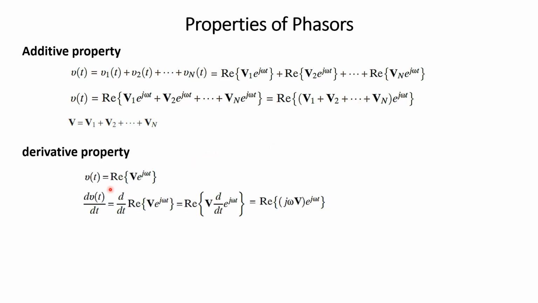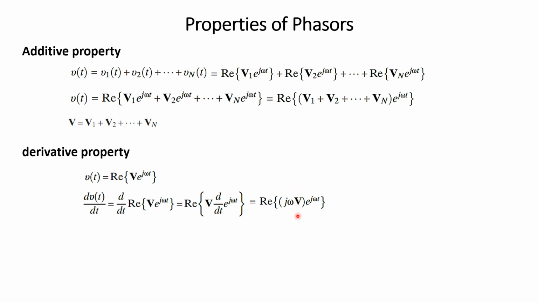Derivative property: in the time domain, the voltage is expressed as the real part of V e^(j omega t). We have discussed it before, and if we take d by dt, the first order derivative of this, we have the real part of j omega V, and note that this V is the phasor, and this is e^(j omega t) over here. This is due to rotation, we have included it over here, but this bold case V is the phasor.